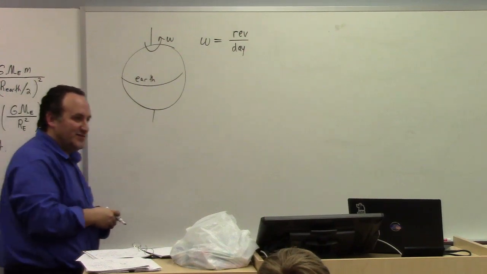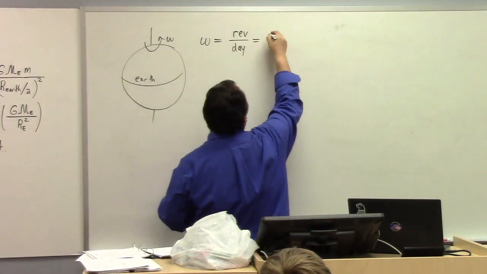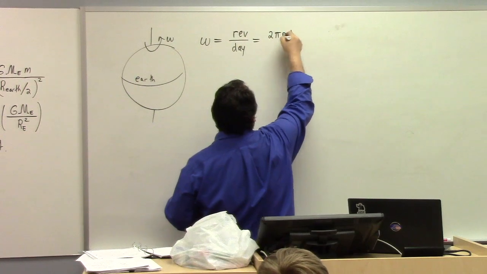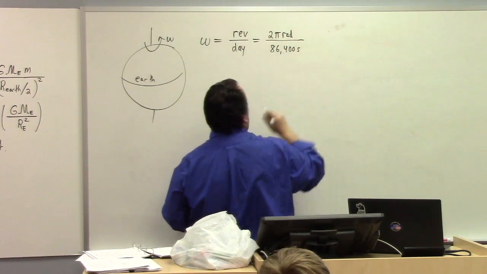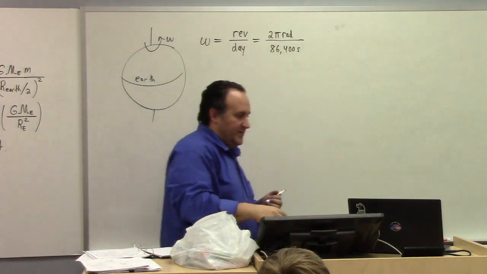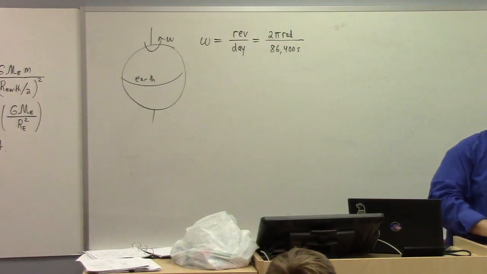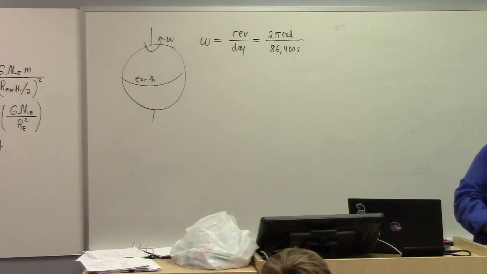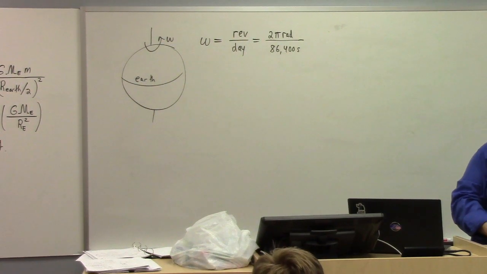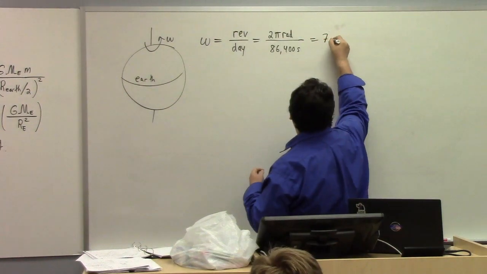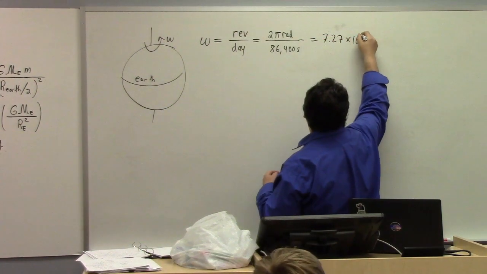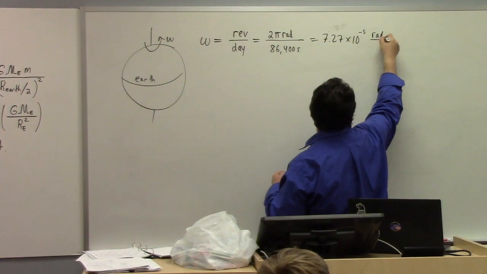A revolution is 2 pi radians, and a day is 86,400 seconds. So what's the angular velocity of the Earth? Whoa, 7.27 times 10 to the minus fifth radians per second.